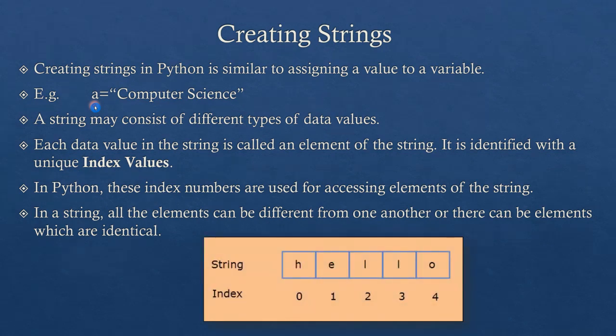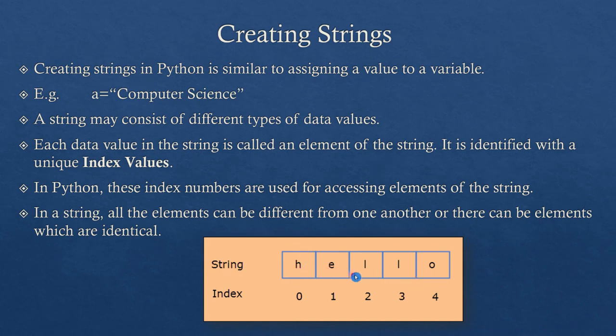Let us consider the string Hello. I have given this within a grid because I am going to give a number to each and every character of this particular string. That number is called the index value. What is the purpose of using this index value? Suppose I want to access the third element of this string.